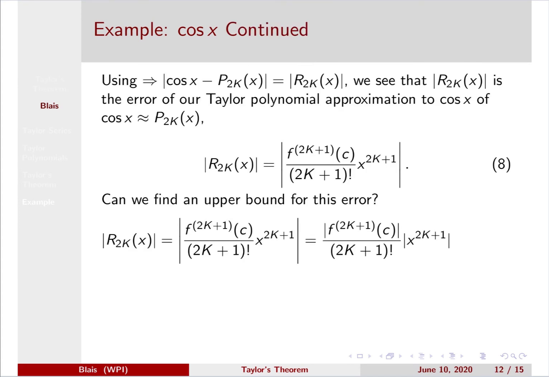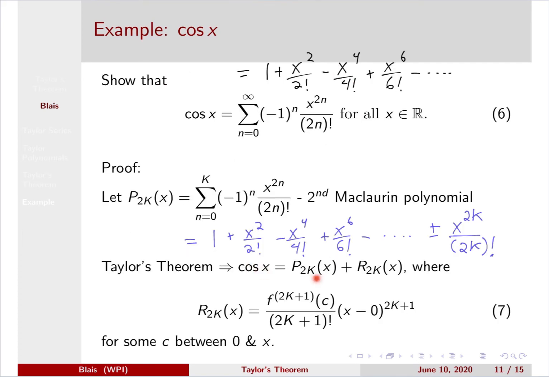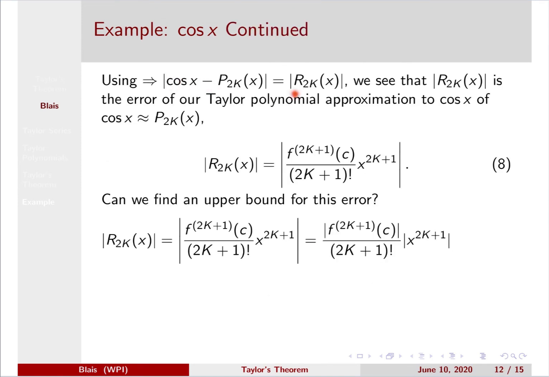Now, we rearrange that equation that we had here, by subtracting p2k from both sides and taking the absolute value, and that is our error. And we're concerned with error.